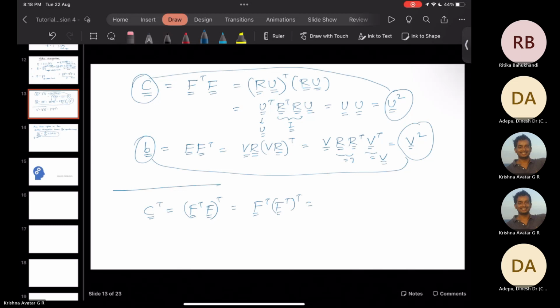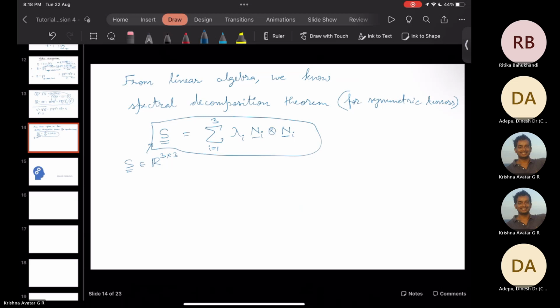The transpose of F transpose is the same tensor F, so it's implying that C transpose is equal to C. Likewise, even B transpose is equal to B. So since C and B are both symmetric tensors, we can easily express them in terms of the spectral decomposition. So we'll have C is equal to the summation i equal to 1 to 3 of lambda i squared.